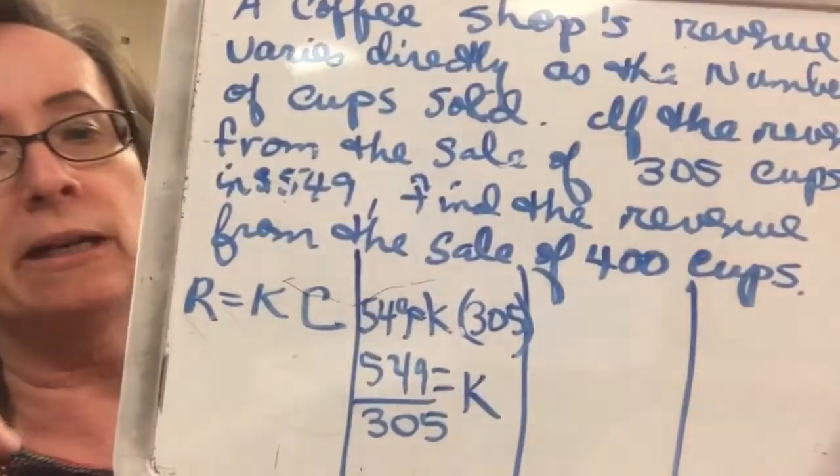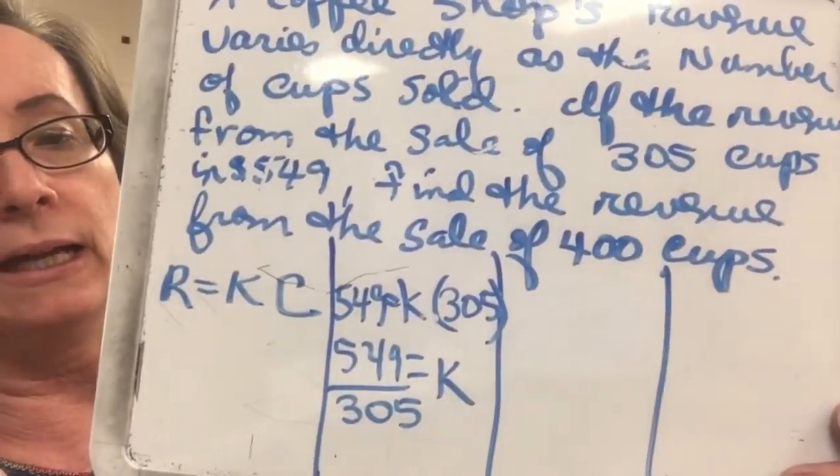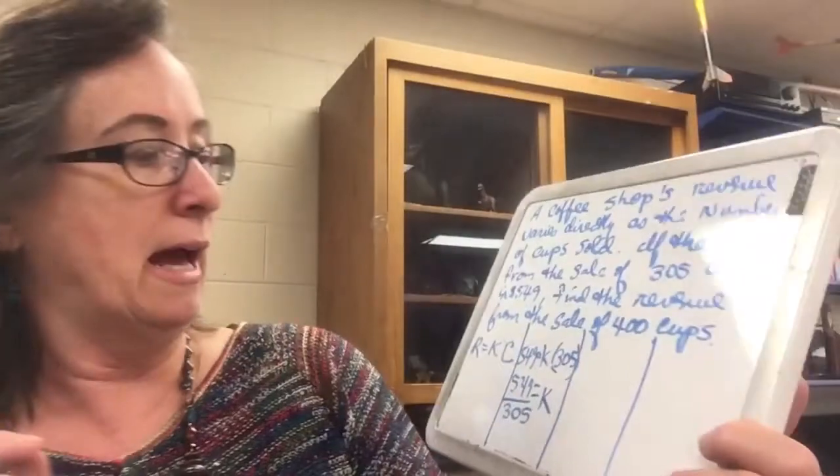Then I am going to say k is 549 divided by 305. Now, I should be able to simplify that.